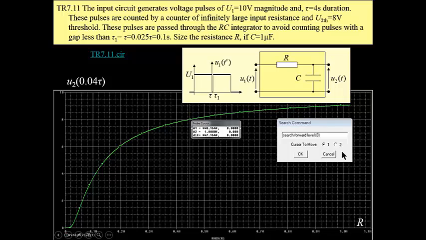We may verify these results by means of PSpice. So this is a parametric analysis, a parameter sweep, and we have resistance on the horizontal axis. On the vertical axis we have the voltage at this instant of time. We have a capacitor which is discharged, and tracing this trace, we may search for the level of 8, and for this level we will find the value of resistance, which is exactly the same as the one that we calculated before.